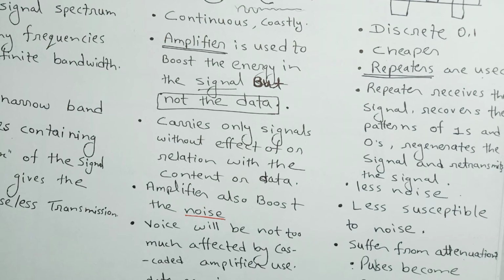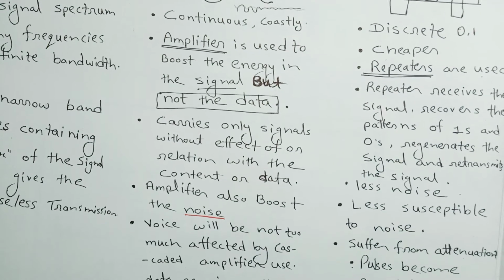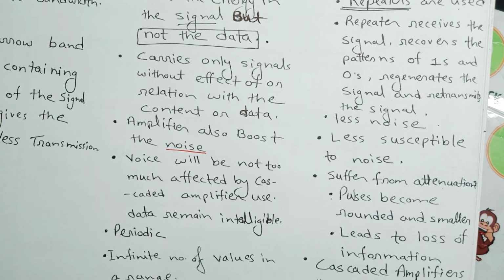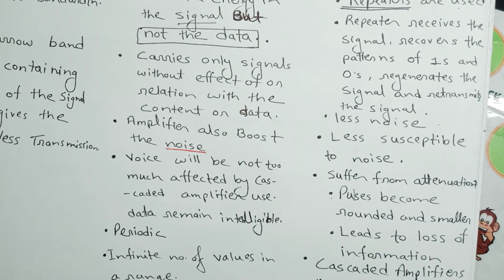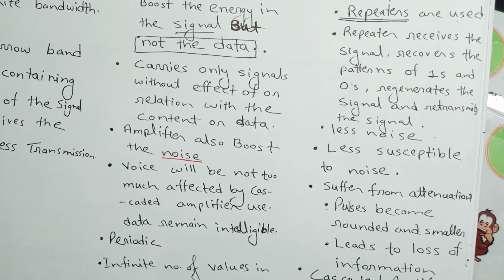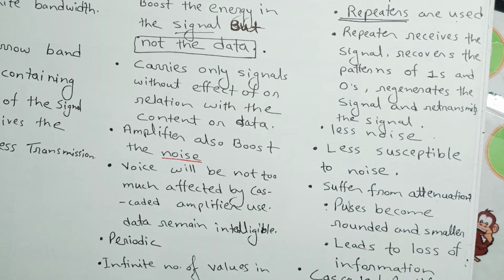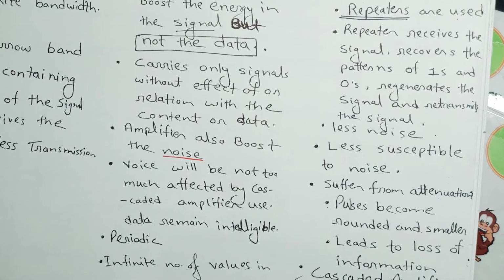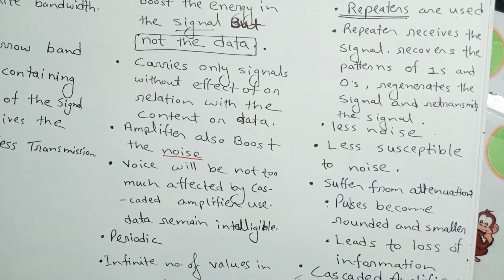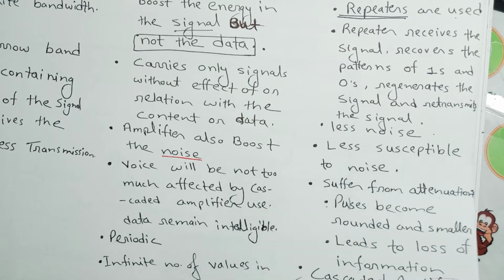Non-periodic, limited number of values. So you can see these are the differences. Now I will explain it. I am a little bit doubtful about this point, bit error, cascaded amplifiers.